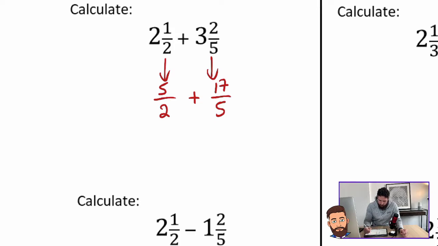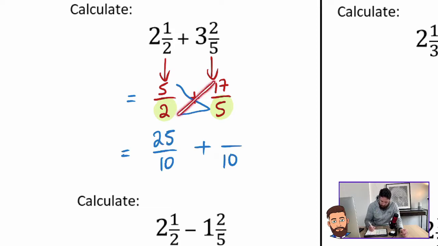Can we add these? No, we cannot. We do not have a common denominator, so now we need to make a common denominator. So again, get yourself 2 blank fractions ready. We can use that same technique, so it all builds upon each other. The common denominator is going to be 2 times 5 is 10. What goes here? 5 times 5 is 25.